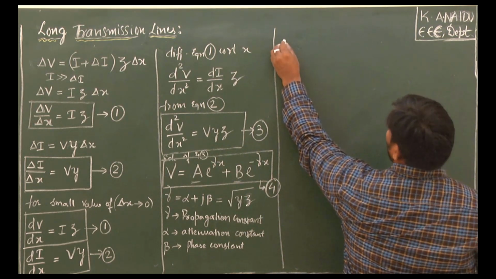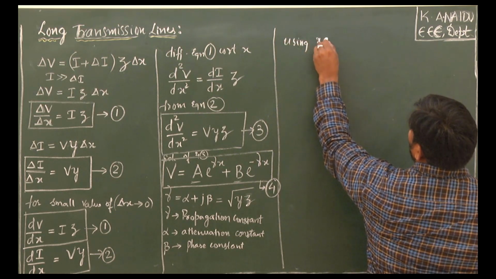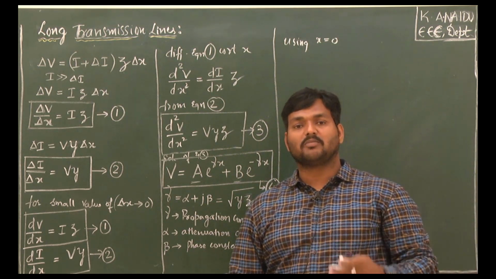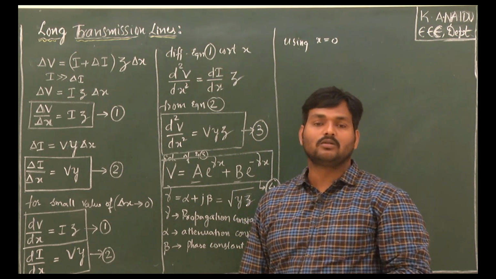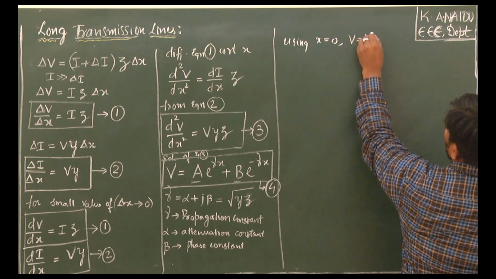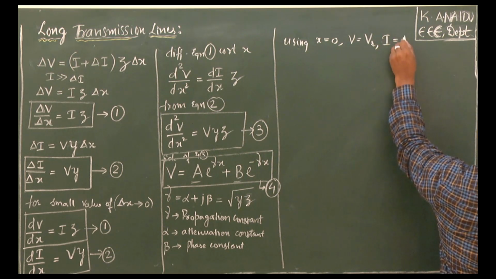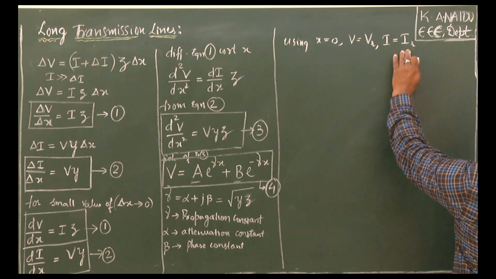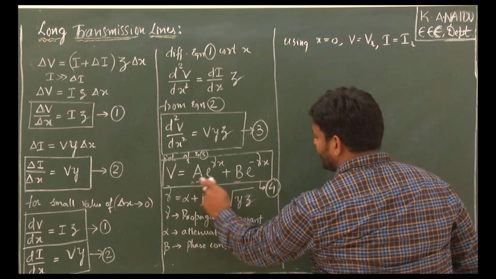Using the boundary conditions, at x is equal to 0, that is at the receiving end, x is equal to 0 means we are measuring the distance x from the receiving end. At receiving end, what is the voltage? The voltage V is equal to receiving end voltage VR and the current I is equal to the receiving end current IR. Clear? So you substitute these conditions in equation number 4 to find out the unknowns A and B.